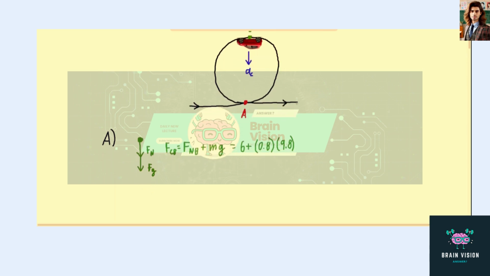Well, if we draw a similar free body diagram for point A, we get that the normal force is pointing outwards, in this case, so towards the center of the loop, whereas gravity remains pulling the car downwards. But the centripetal force has to remain the same.